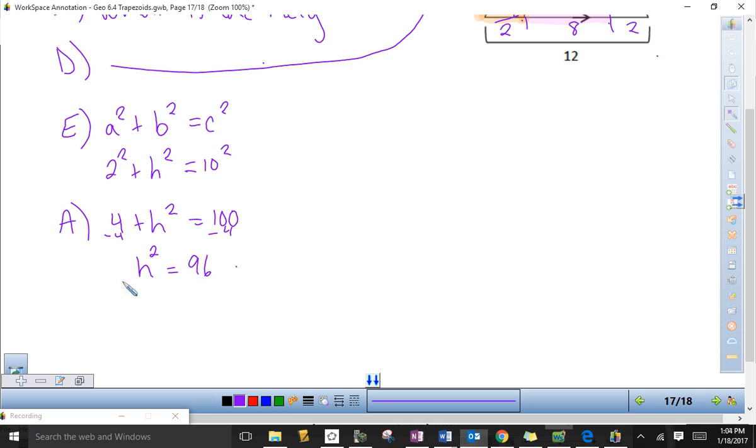If I take the square root of that, okay, it's going to give you a decimal, approximately 9.8. Now, if we want to find it exact, we know we have to break down that radical. I'm looking for the biggest perfect square that goes into 96. Go find that.